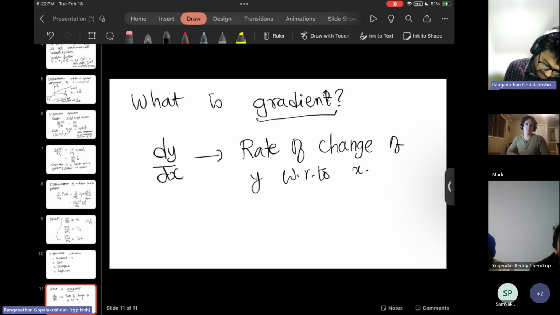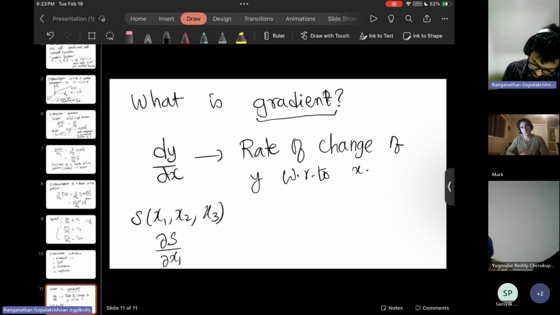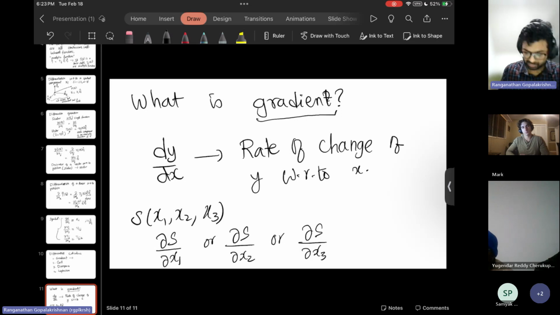So if you think of a function s that depends on x1, x2, and x3, like x, y, z, three coordinates, when you talk about partial s over partial x1, or partial s over partial x2, or partial s over partial x3, what are we talking about here?